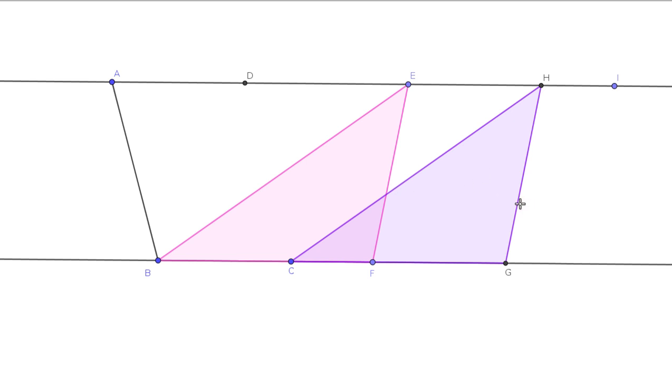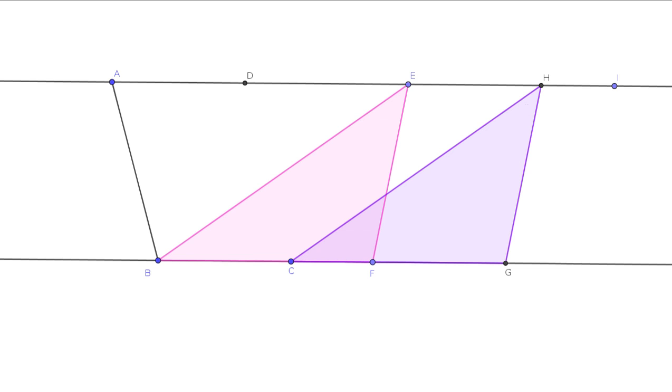And so that means that our triangle BFE is going to be congruent to our triangle CGH by our side-angle-side congruence property. So what we then have is that our angle BEF is going to be congruent to our angle CHG. So we've got this angle congruent to this angle.